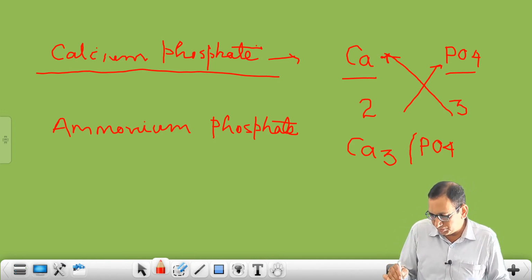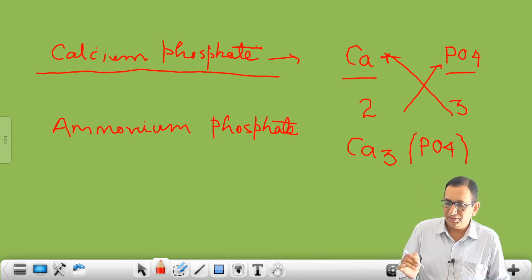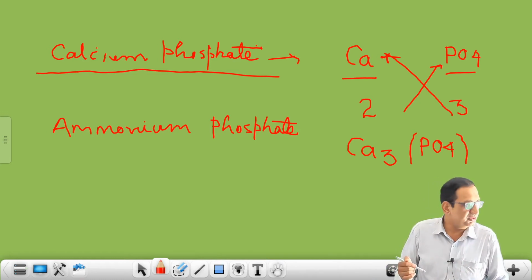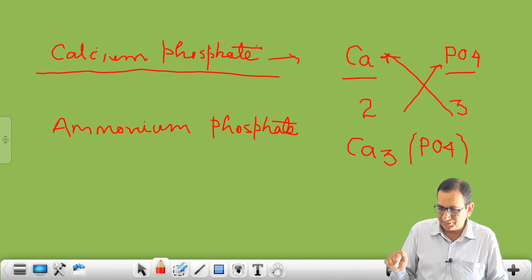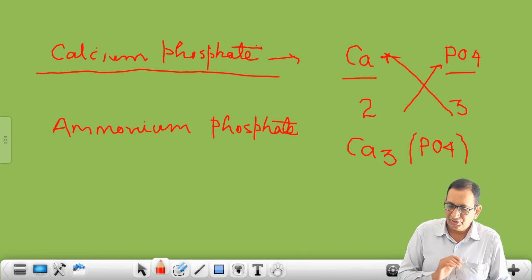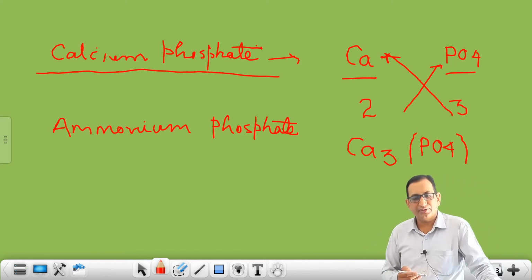But in phosphate, more than one atom is there. Phosphorus is a different element, oxygen is a different element.